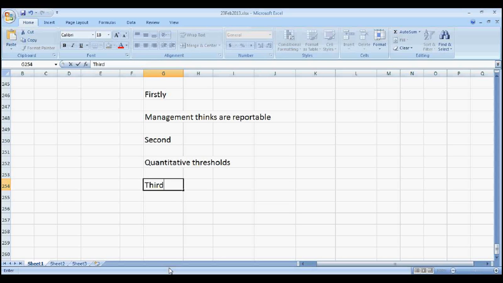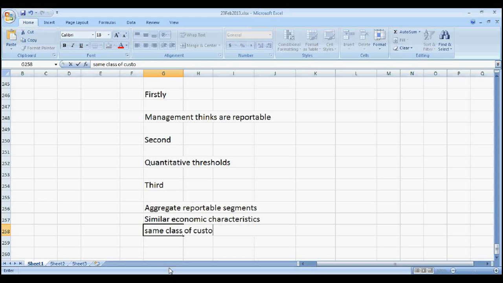Third criteria is we may aggregate reportable segments if they share similar economic characteristics, have the same class of customers, are under the same law governing them, we may club them together.